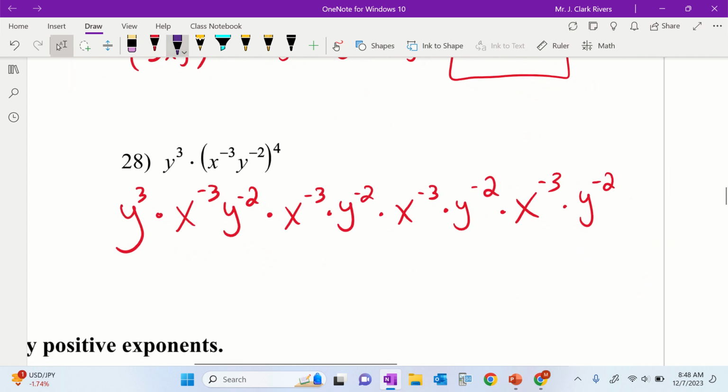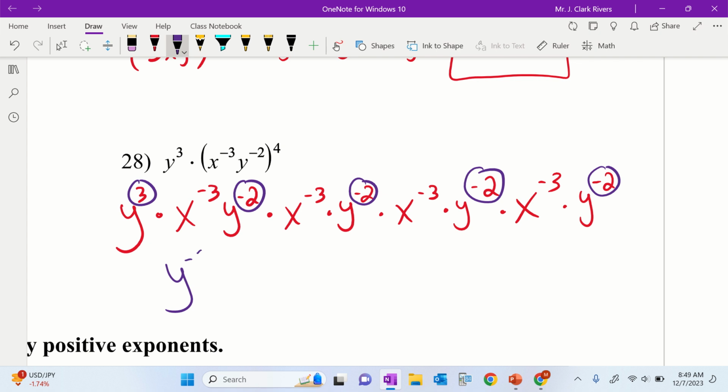Okay. Hang with me on this. Let's take a look at the y's first, I guess. Remember, we're going to keep our exponential base of y, and we're going to add our exponents. So let's just do this one at a time. 3 plus negative 2 is 1. 1 plus negative 2 is negative 1. Negative 1 plus negative 2 is negative 3. Negative 3 plus negative 2 is negative 5.